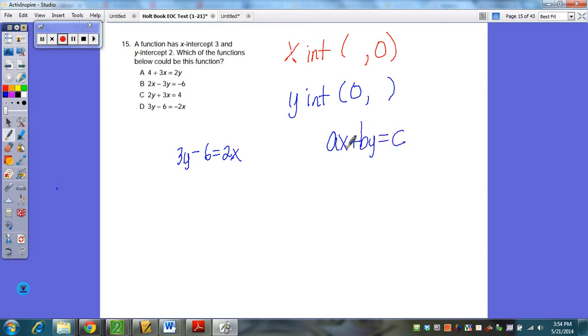Some number a times x plus some number b times y equals c. So I want my x's and y's on one side and the constant on the other. So I'm going to go ahead and move this guy over here by changing the sign. So I'm going to have -2x plus 3y equals 6.